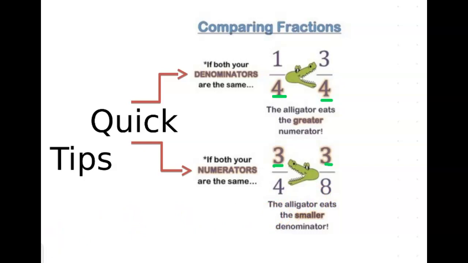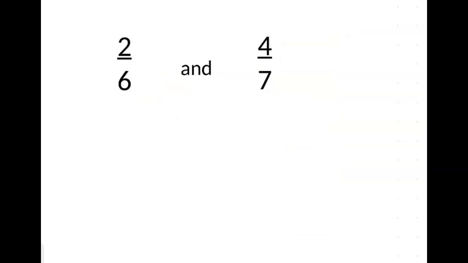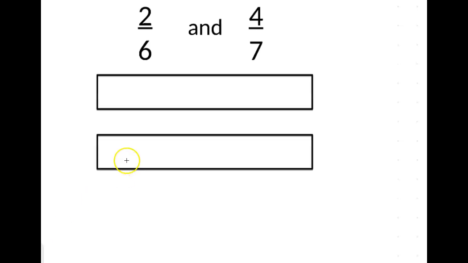But what happens when the denominator and the numerator are both different? Such as the case 2/6 and 4/7. How do we compare the fractions then? Well, I'm going to first draw 2 fraction bars that are the same in size.